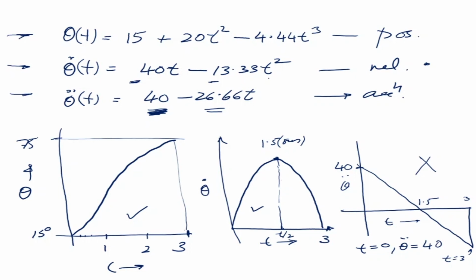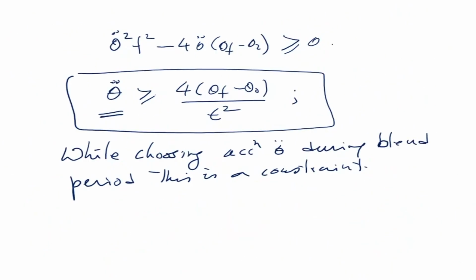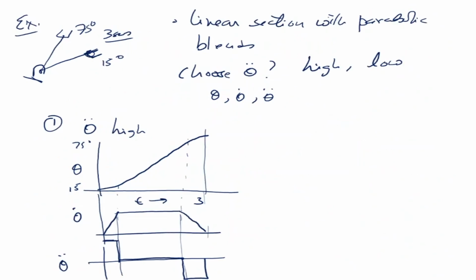Whereas you see the corresponding change here: there are two blend portions and a linear section. The linear section is marked in red, so this is fully linear. The velocity is constant here, and the acceleration is 0 in the central portion, and then comes down. So we are starting with a smaller acceleration and then going there.